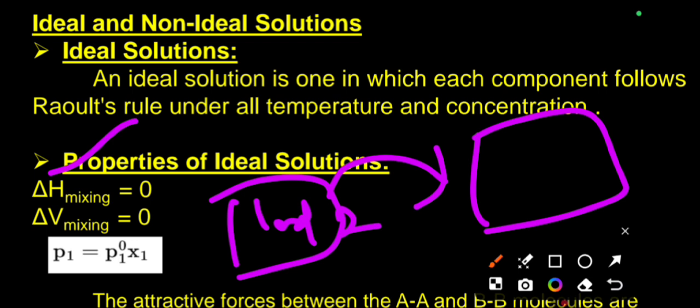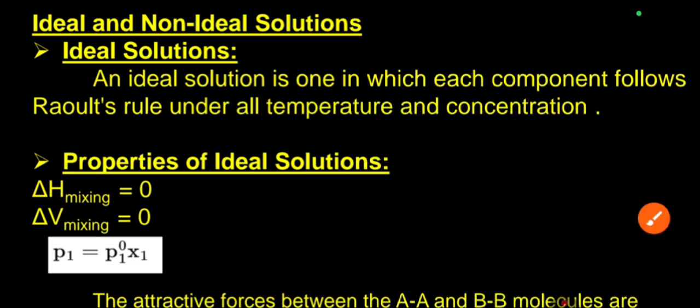Okay, why? If you add the two components, the energy before the mixture is equal to that after the combination also. So definitely we can say del H must be equal to 0 because there is no change in enthalpy even after mixing.